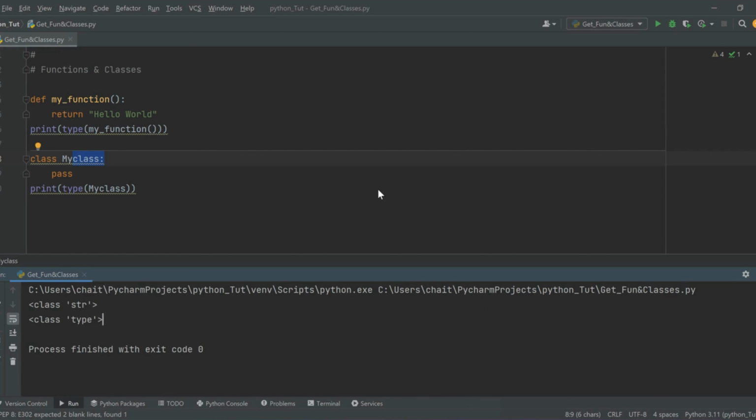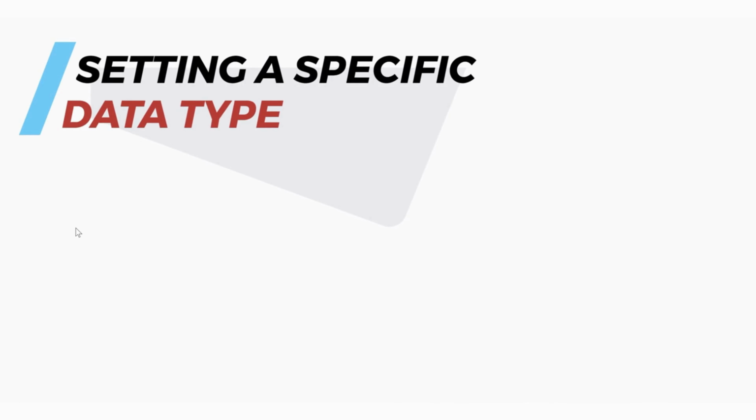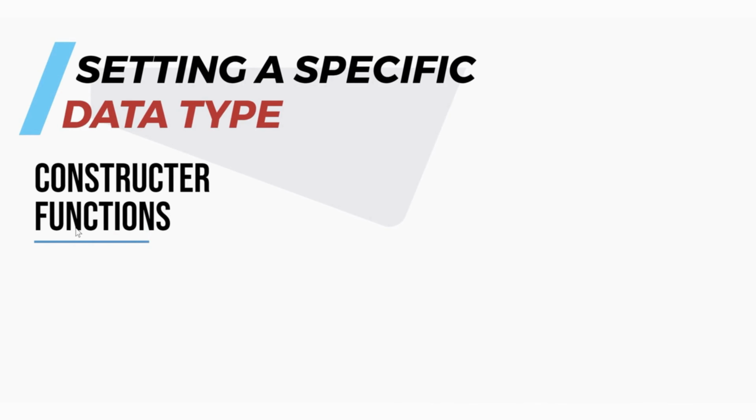Let's jump into another topic about setting the data type. In Python, you can set specific data types to variables using constructor functions. Constructor functions are essential for creating objects of a particular data type in Python.